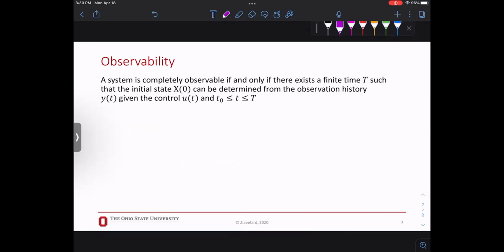Now, sometimes a system is not observable. Some of the states, you have to estimate what that could be. Then use that as our observer. All of these, both controllability and observability, were introduced by Kalman.